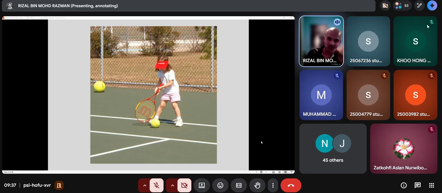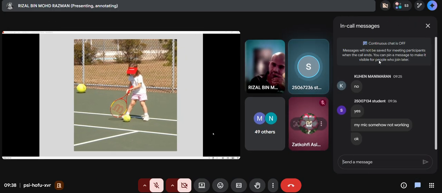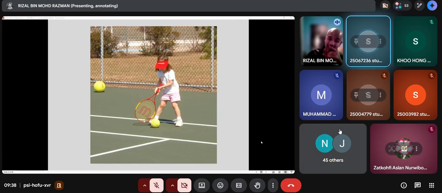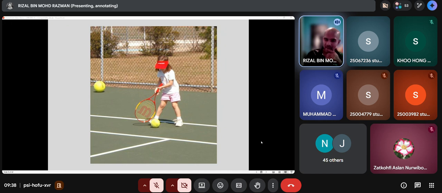From far I cannot see, very small, must be a kid already. What's the benefit of using a bigger ball in tennis, for example? I can hit it easily. You're getting there. Very good. So what is the objective?